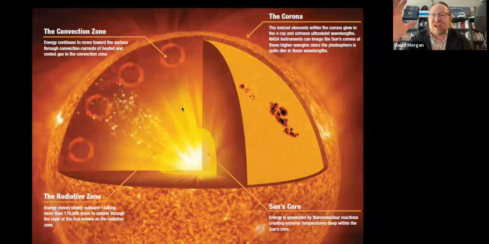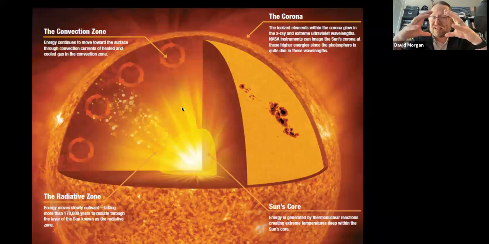The outside of the sun is just hot plasma, hot hydrogen gas. The outer layers of the sun don't make any heat. They're just hot. They're heated by the interior of the sun. We can think of the interior of the sun as split into really 3 zones. The core, which is where the heat of the sun is generated.